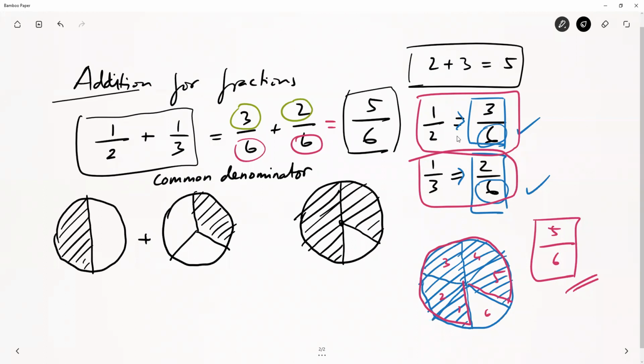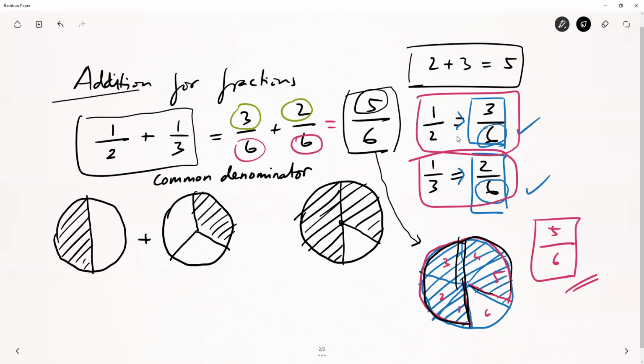Well, again, we simply explain what happens with the pie chart here, and that will explain why the denominator remains 6, but the numerator will be 5. Basically, we add 3 parts plus 2 parts here.